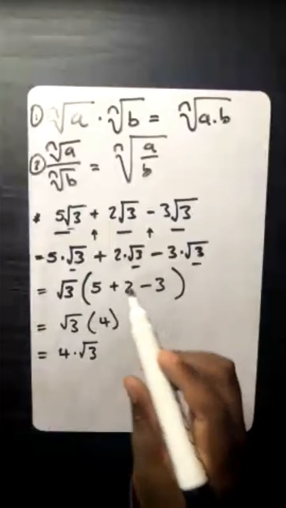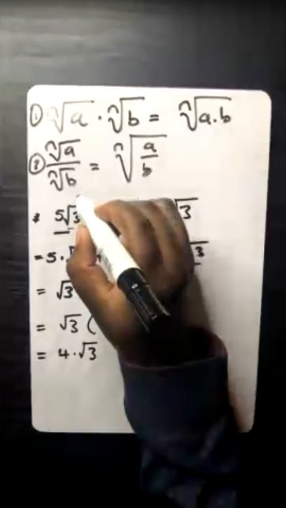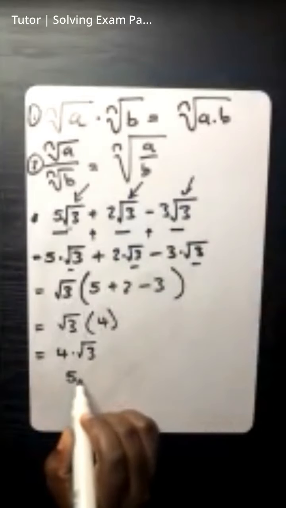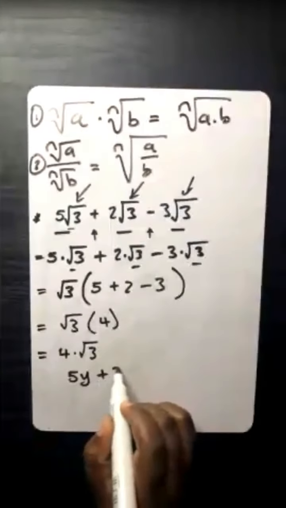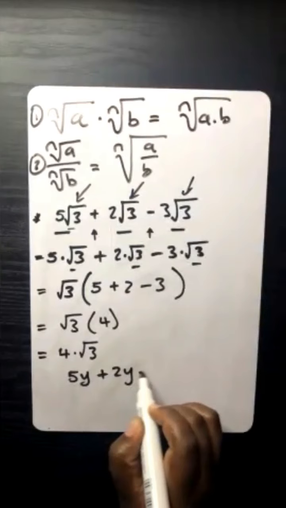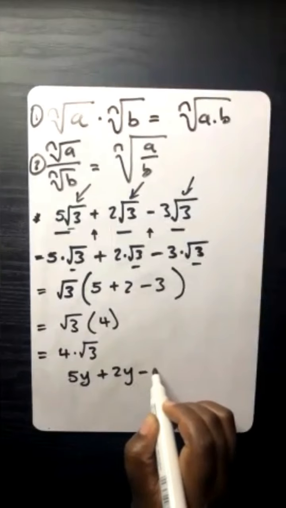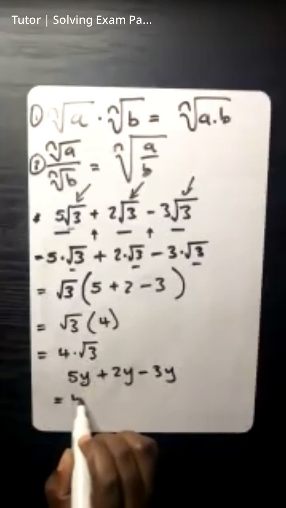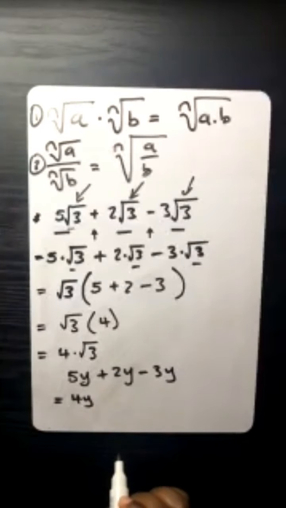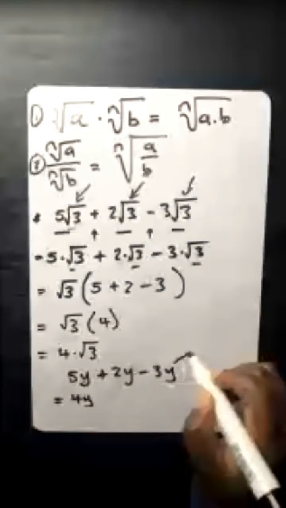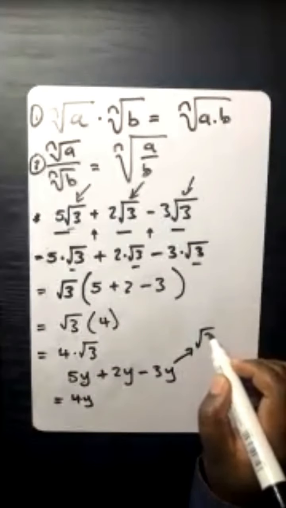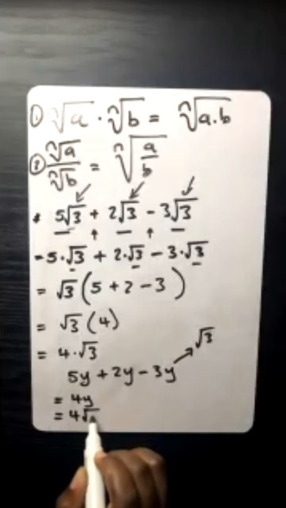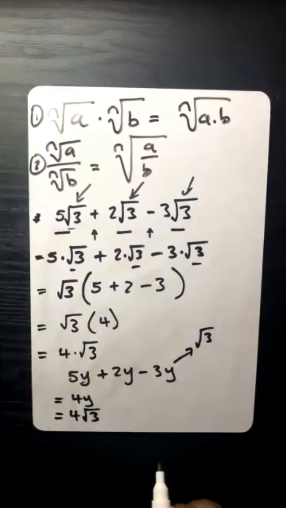So in other words, that square root of 3, you can think of it as maybe 5y plus 2y minus 3y. If you punch the whole of this, it's going to give you 4y, of which we know y represents square root of 3. So wherever you see y, you substitute square root of 3.